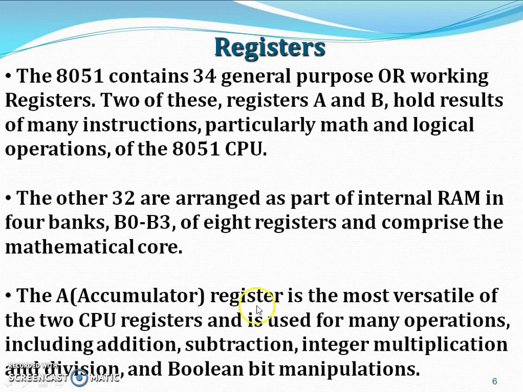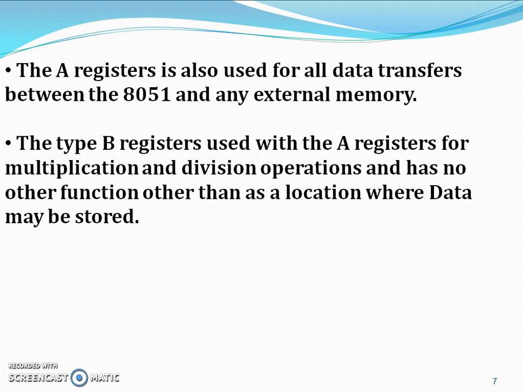Now the accumulator register is the most versatile of the two CPU registers, used for many operations including addition, subtraction, integer multiplication, division and Boolean operations, that is, logical operations. Right? Register A is also used for all data transfer between the 8051 and external memory.